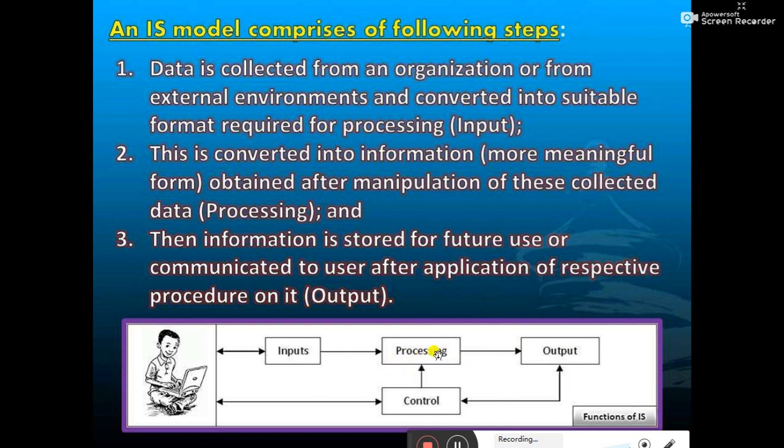Those processing and those outputs can be controlled using some controlling mechanism. So these are the basic components of an information system.